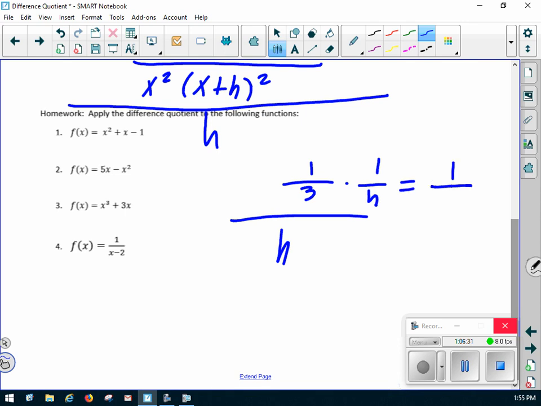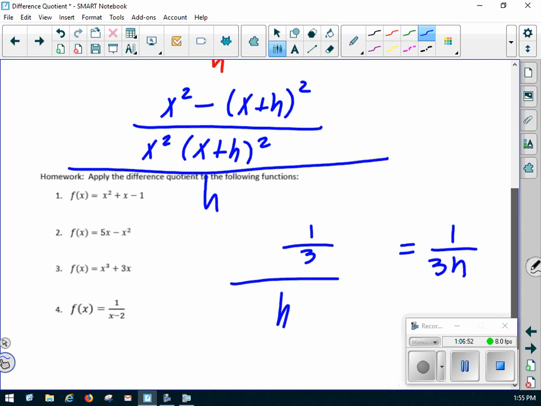Do you see this? So what can I do with h right there? Multiply all that by 1 over h. So if I multiplied all of this by 1 over h, would the numerator change? No. The denominator would just have a times h in it.